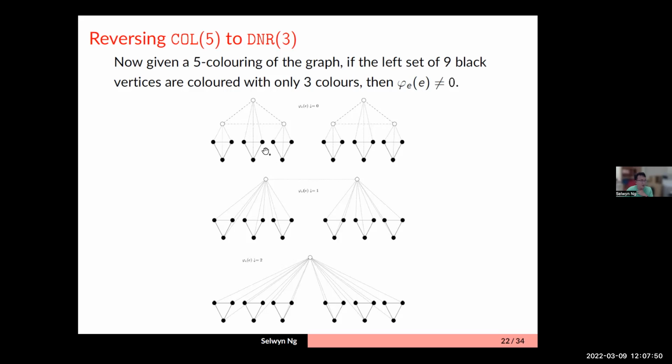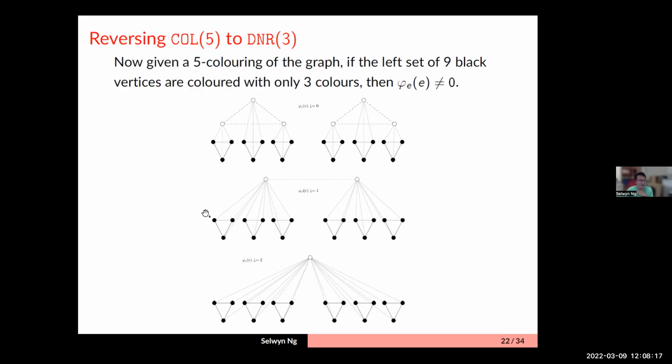Then we can conclude that this case is not possible, because if we only have 3 colors, then this 3-clique must use up all 3 colors, and same here, and that leaves only 2 colors for the remaining white vertices, and of course you can't do that. So this case is not possible if the given 5-coloring colors this with only 3 colors.